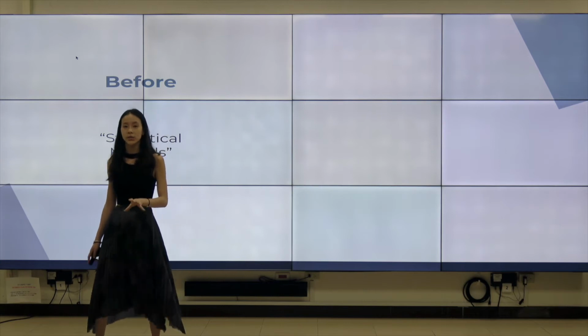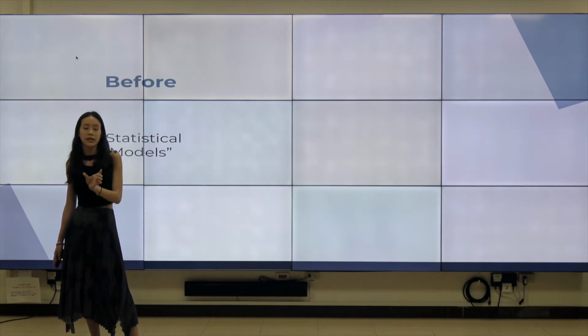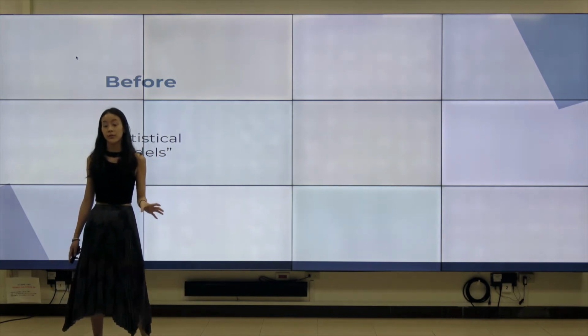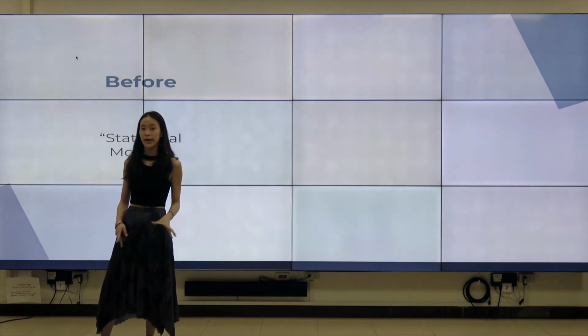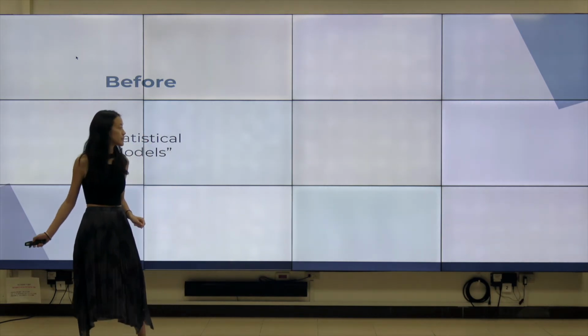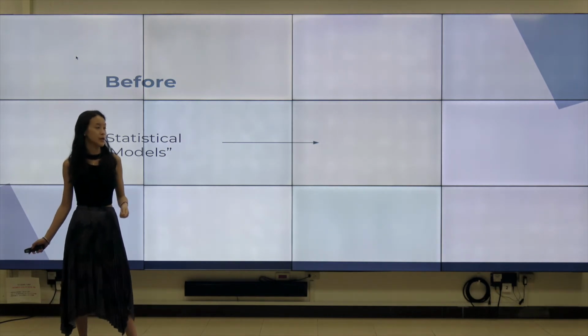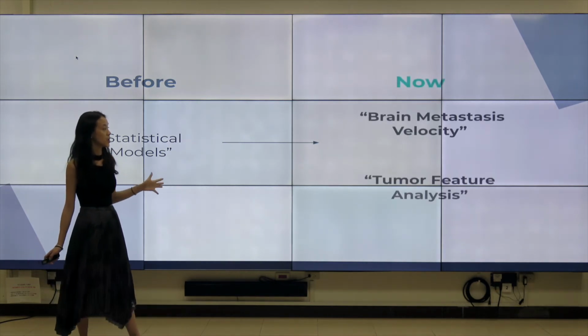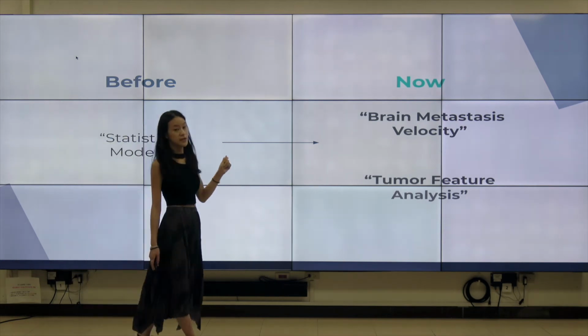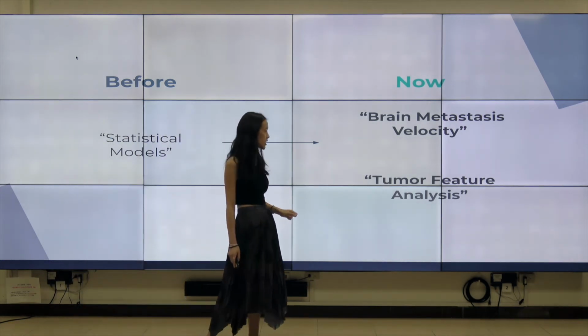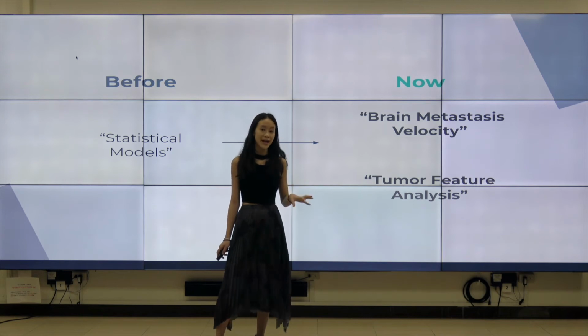It doesn't include a lot of the individual medical histories that we were talking about, so it doesn't include the personalized part of medicine. However, there's a new method of approaching prognosis, and that's called brain metastasis velocity, which we're going to go into in more depth later, as well as tumor feature analysis.